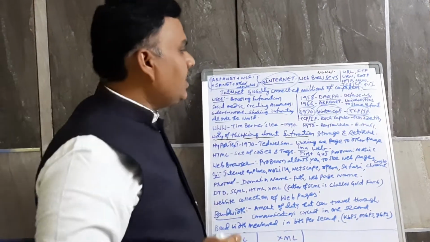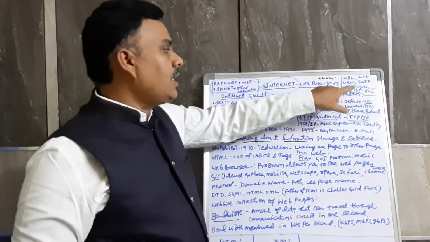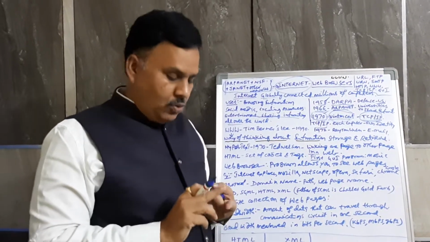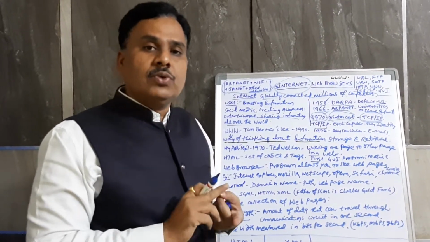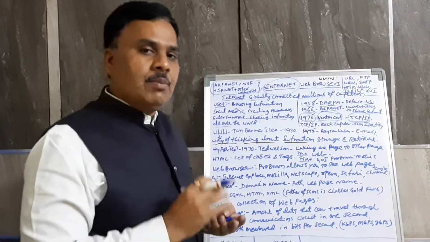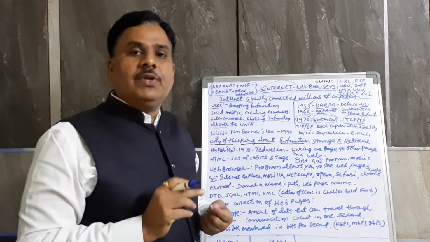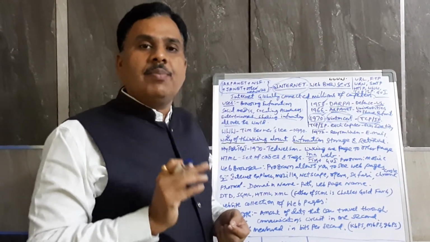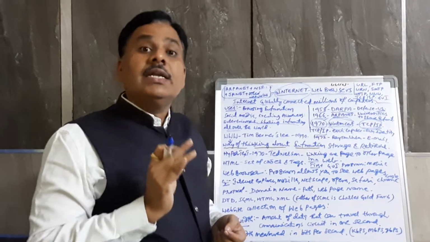Before going into the details, we will see what abbreviations are there. We can discuss about the URL. URL means Uniform Resource Locator. Next, FTP, File Transfer Protocol. HTTP, Hypertext Transfer Protocol.